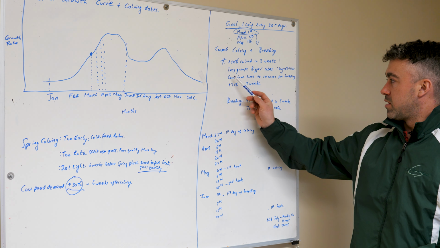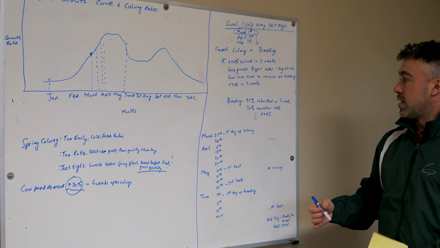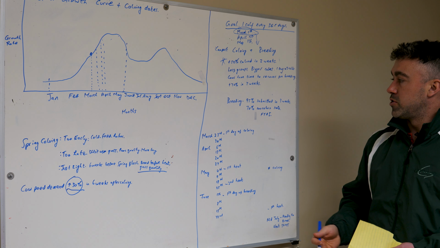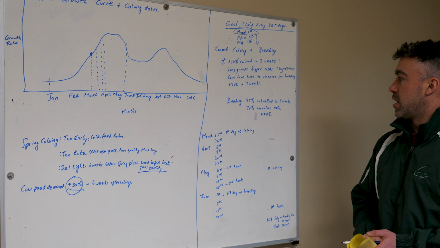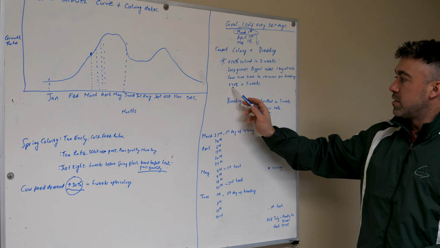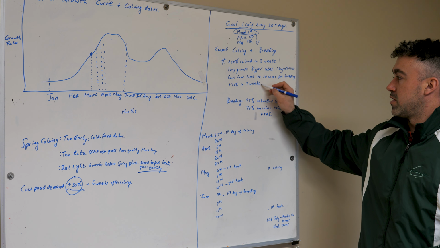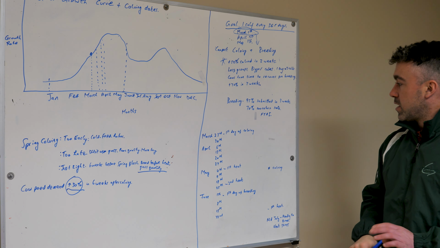The other point, as we mentioned, is that our cows have adequate time to recover and build back up body condition score before breeding time. So our initial target is 50% in 2 weeks, 70% in the first 3 weeks of calving, I should say.